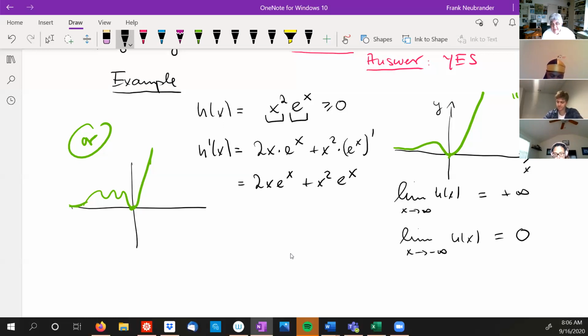Now, in this case, the simplification, which always means you try to factor, is easy because you can factor out an x term, you can factor out e to the x, and what you are left with is 2 plus x.